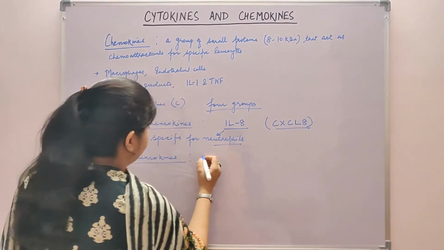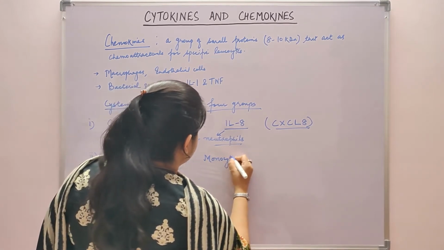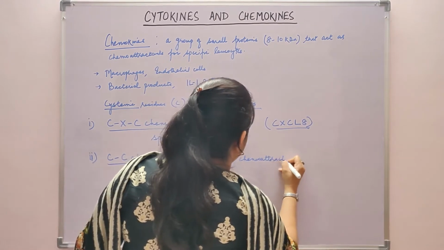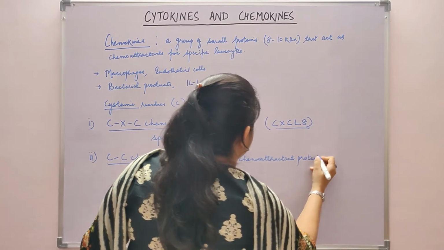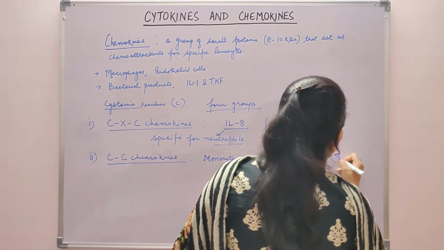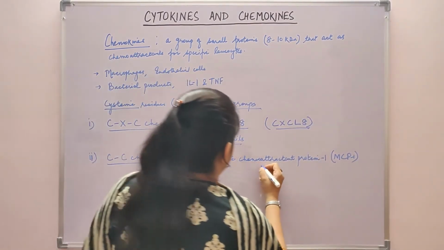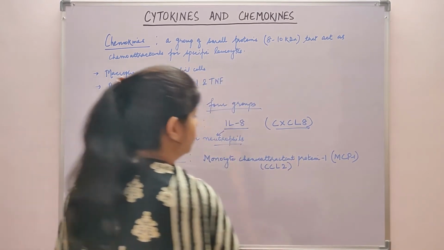So in this we have monocyte chemoattractant protein 1, also called CCL2.